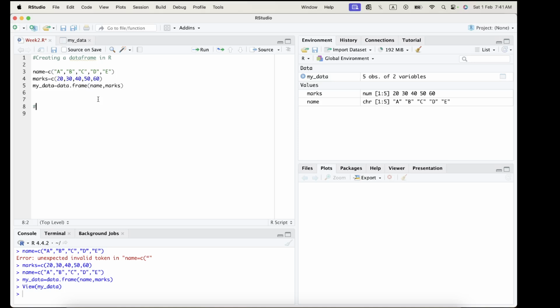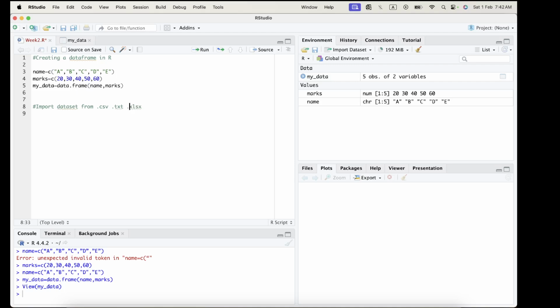That could lead to errors because of this manual work. So it's always advisable to import the data set from known formats. It could be from a CSV file, a TXT file, or an XLSX file.